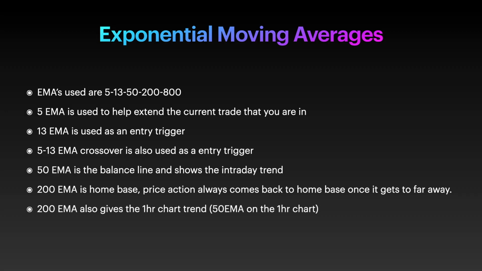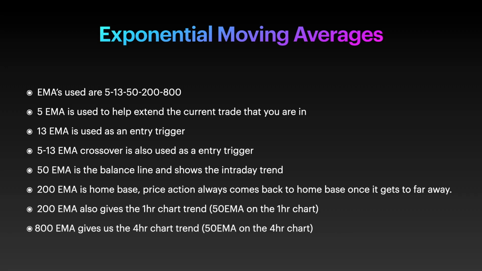Also, the 200 EMA gives us a 1 hour chart trend, because on a 15-minute chart, the 200 represents the 50 EMA on a 1 hour chart. So if you're on a 15-minute time frame, just by looking at the 200 EMA, you will know where the 50 EMA is on a 1 hour chart.